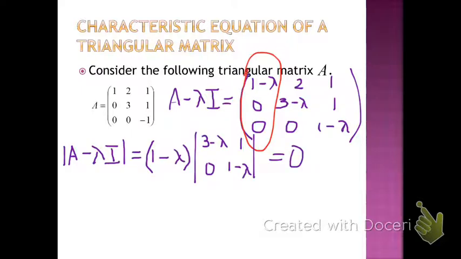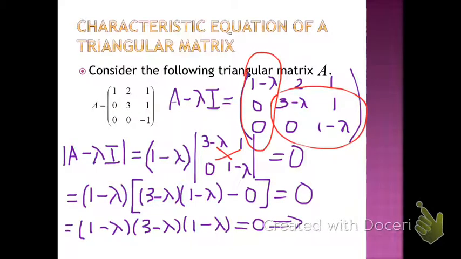Doing this expansion, I have 1 minus lambda times the determinant of the resulting 2 by 2. And of course, to find the determinant of this matrix, we'll multiply this times this, minus the product of this. We notice we'll have this resulting expression here, which is our characteristic equation.